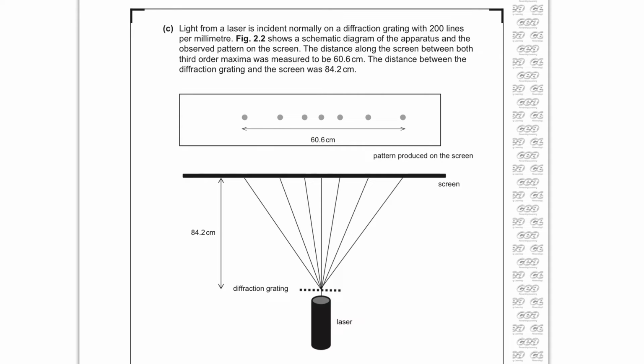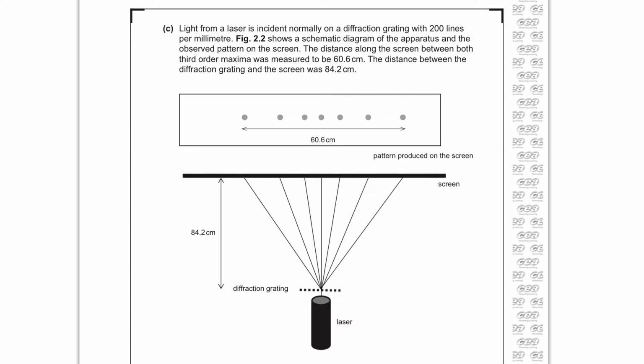Part C, light from a laser is incident normally on a diffraction grating with 200 lines per millimeter. Figure 2.2 shows a schematic diagram of the apparatus and the observed pattern on the screen. The distance along the screen between both the third order maxima was measured to be 60.6 centimeters.